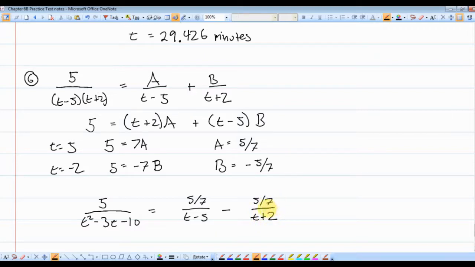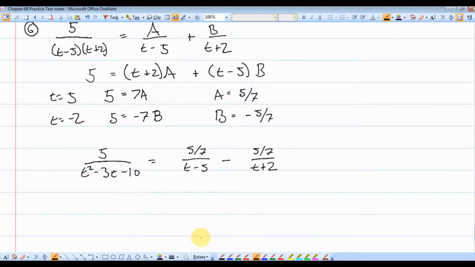Remember, this line is the exact same thing as the line that we started off with. I'm just filling in the blanks for A and B. Next step, I'm going to integrate both sides of the equality, because whatever you do to the left side, you should do to the right side.